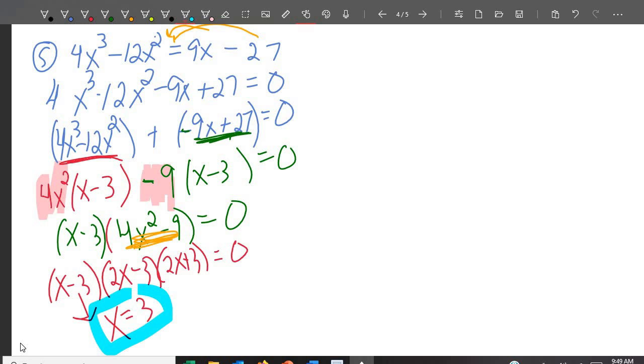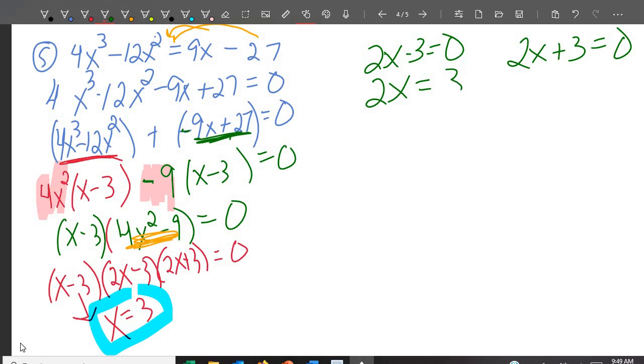Now I'm going to come over here to the side, and I'm going to take the 2x minus 3, set it equal to 0, and the 2x plus 3 and set it equal to 0. So this one, I move the negative 3x over, it becomes positive 3. Divide by 2, so x will be 3 halves. That's another answer.